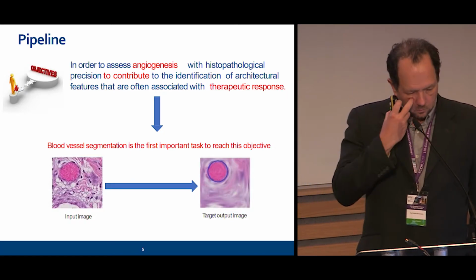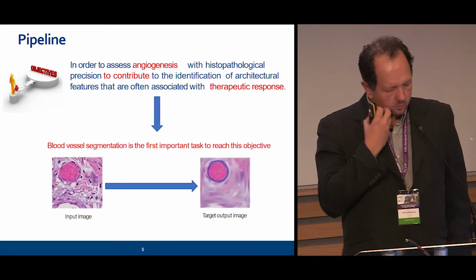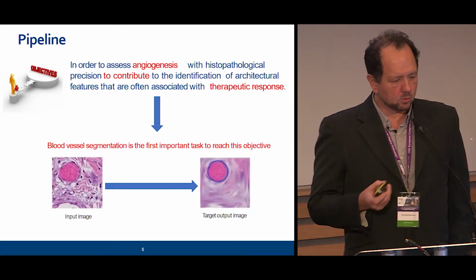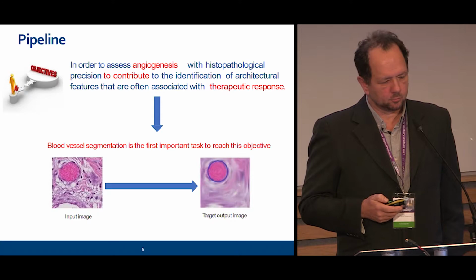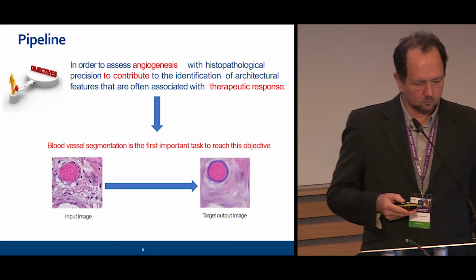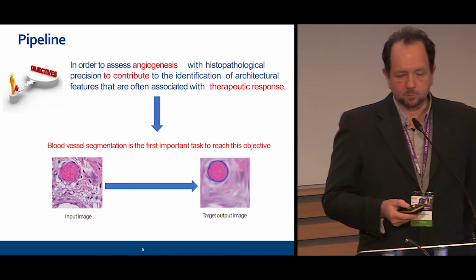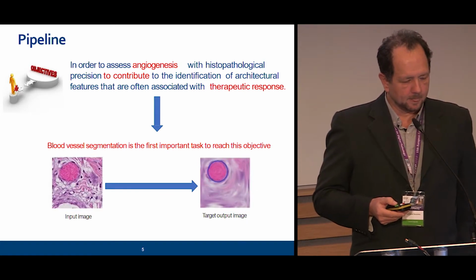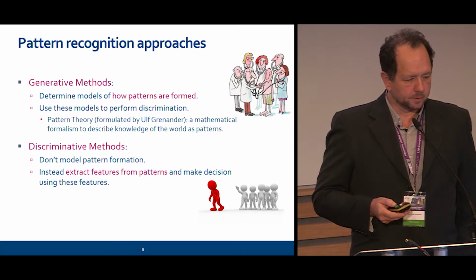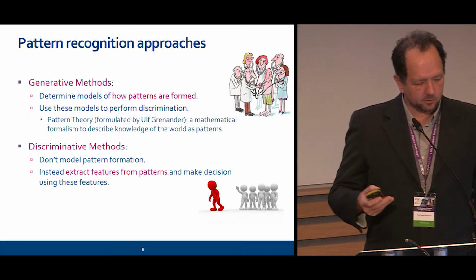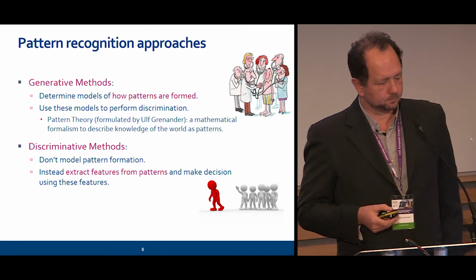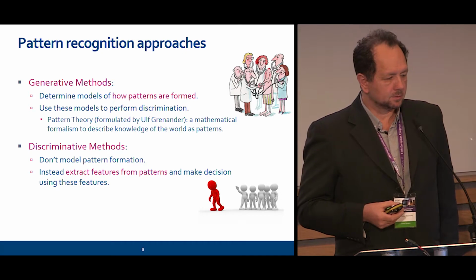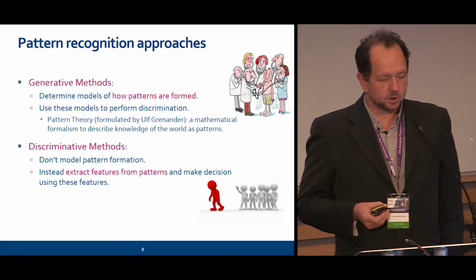So what was the way in which we tried to do that? We would like to work with two methods. For the vessel segmentation, which is somehow the first step we would like to achieve for this objective, not only work with one family of method, which most of you are working with nowadays, discriminative, but trying to put in something a bit more generative.